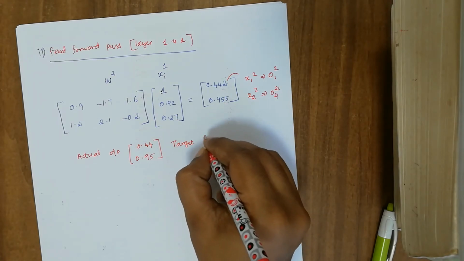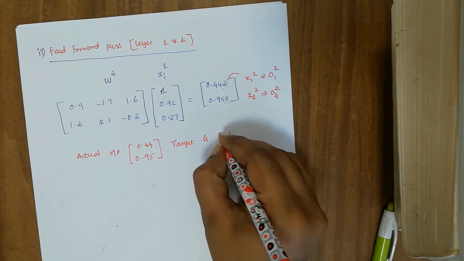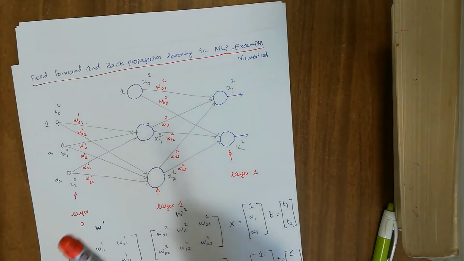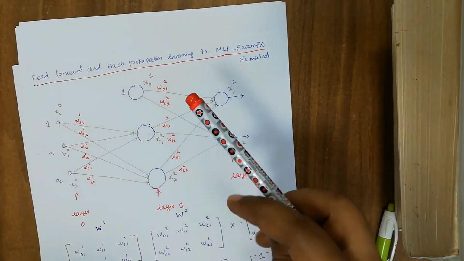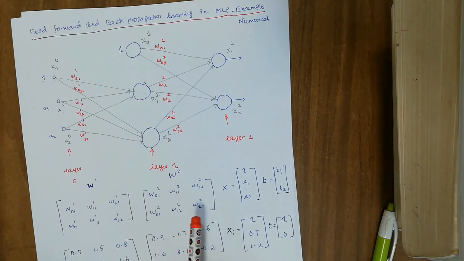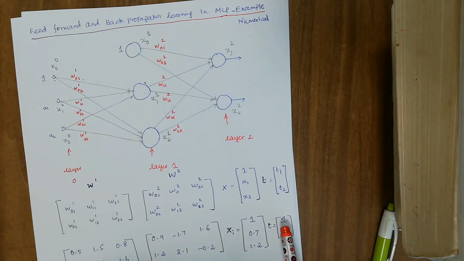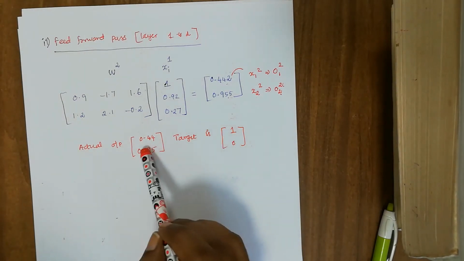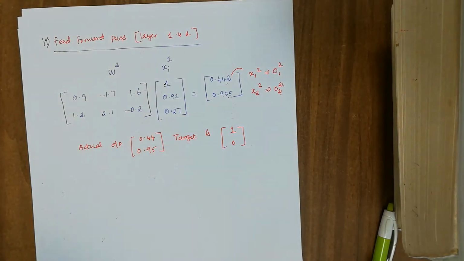Okay, but what is the expected output or the target output? The target output is actually 1, 0, because we know that the given sample xi is taken from the class omega 1, and ideally we are expecting the target value to be 1 and 0. Okay, now if we refer to this, actually it is not meeting the expected criteria.